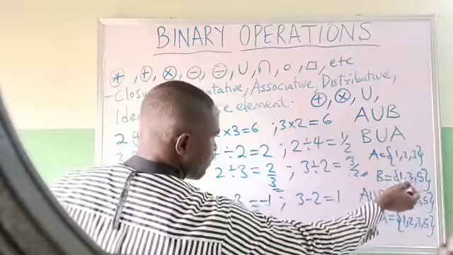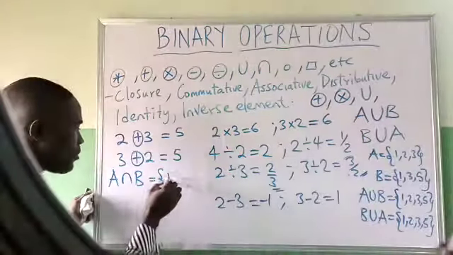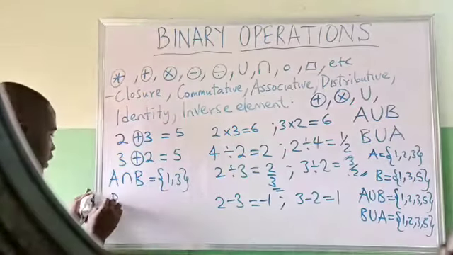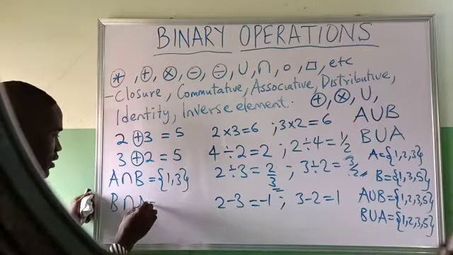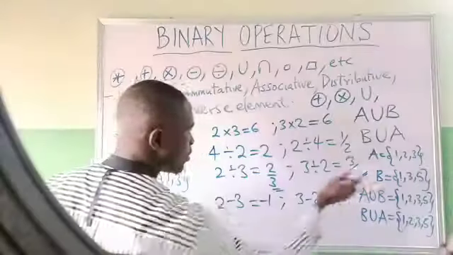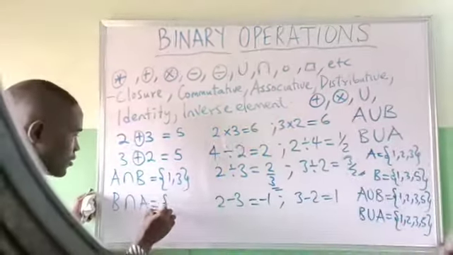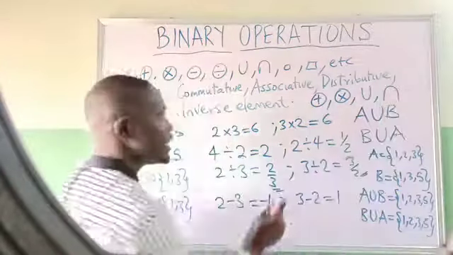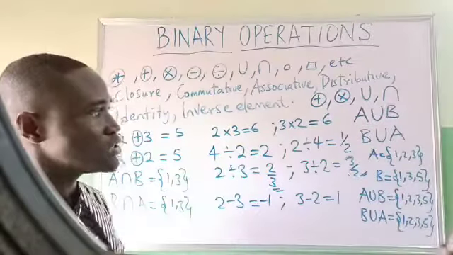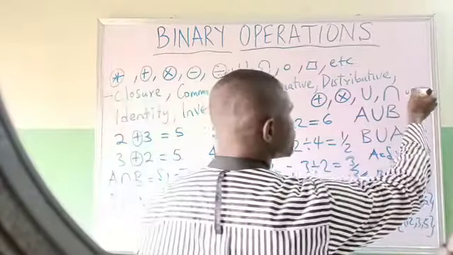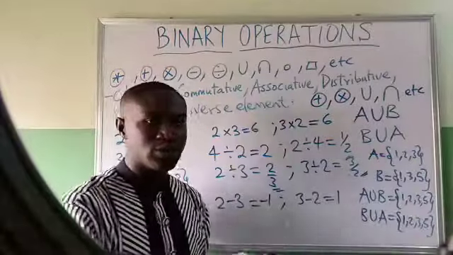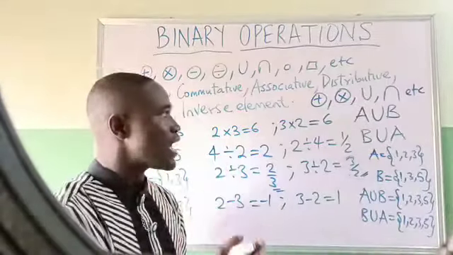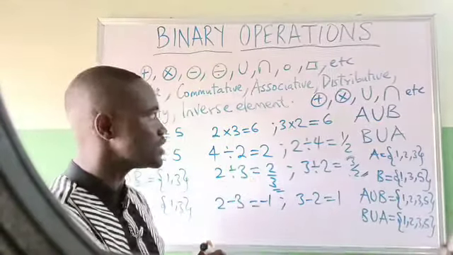This has 1, this has 1, this has 3, this has 3. So 1, 3. Then what is B intersection A? Elements they have in common, still 1 and 3. We can also say that intersection of two sets is commutative. So we have seen the examples of operations that are commutative: plus, times, union, and intersection.